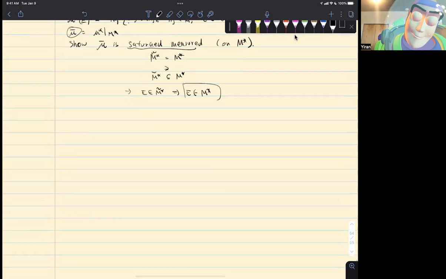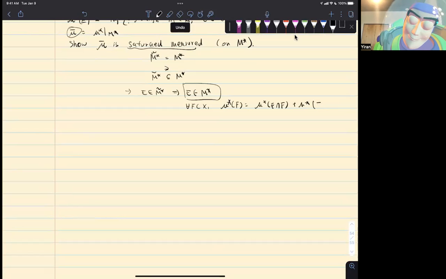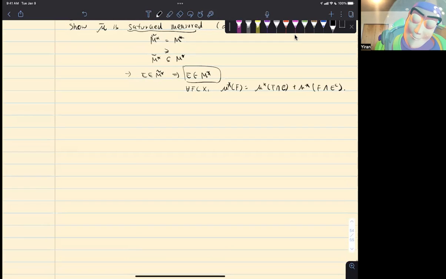And then recall the definition for E to be mu star measurable: for all F in X, mu star of F is equal to mu star of E intersect F plus mu star of E complement intersect F. Notice that this direction is very easy: if the measure mu star of F is equal to infinity, then we're done.